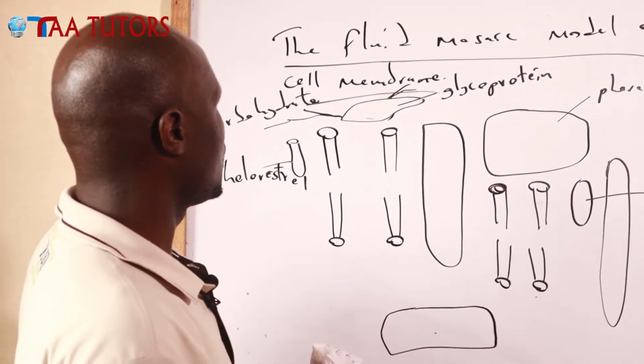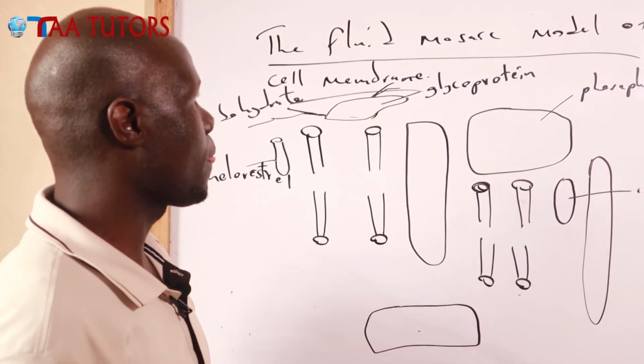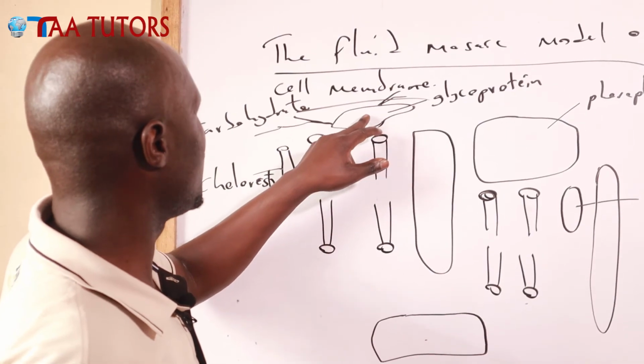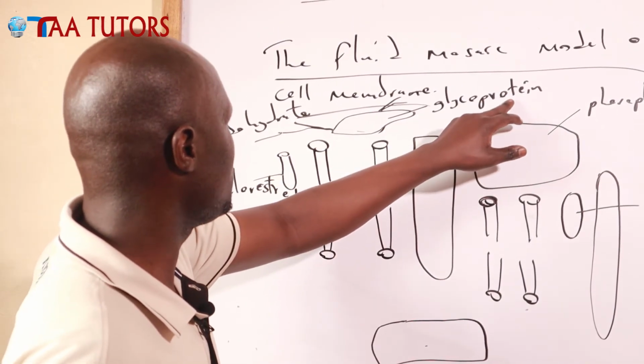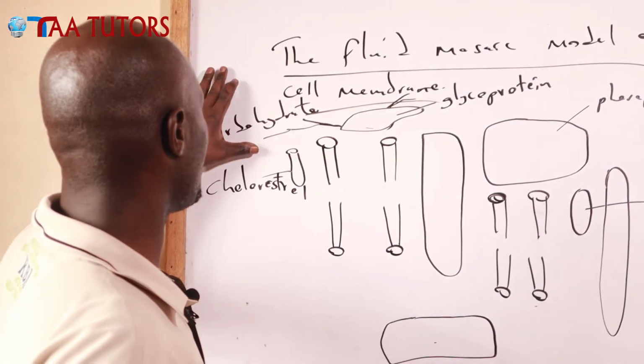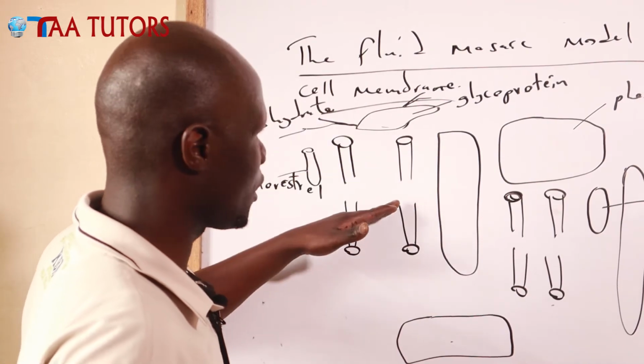I have said that these are peripheral proteins towards the end of the membrane. And this is also a protein at the periphery, but it has got a name called glycoprotein. It simply means that it has got one amino acid end, and the other end is a carbohydrate end. So it is a mixture of the two. It exists in the cell membrane.